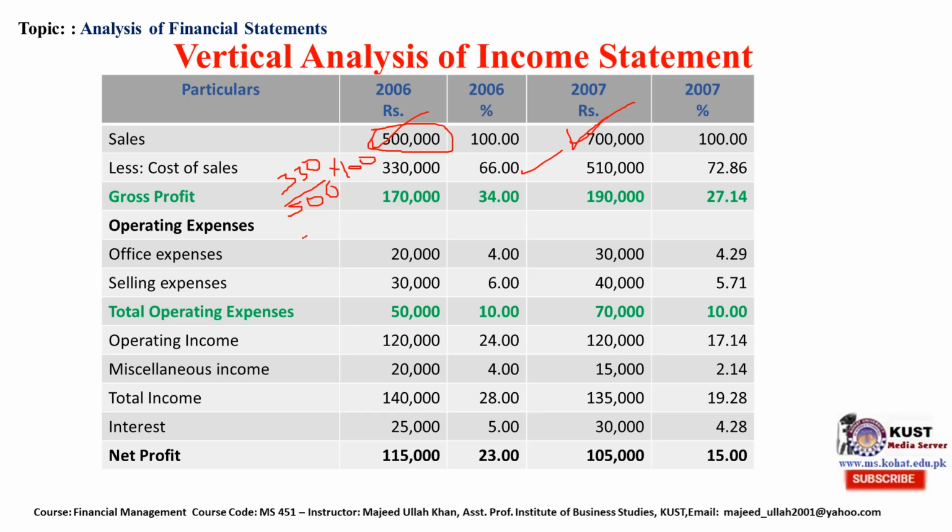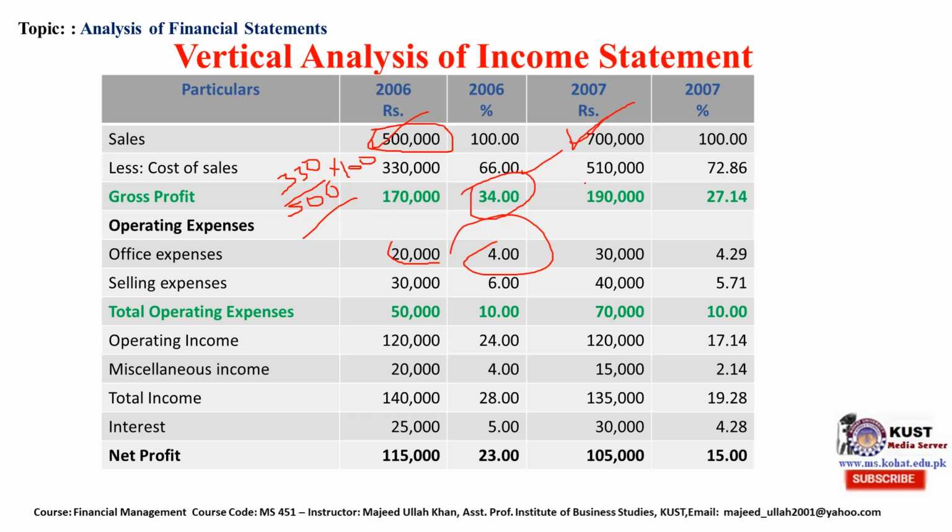We will repeat this same process for all items. All these calculations are done in the same way. This 34% is 170 divided by 500 multiplied by 100. This is obtained through 20,000 divided by 500 multiplied by 100.